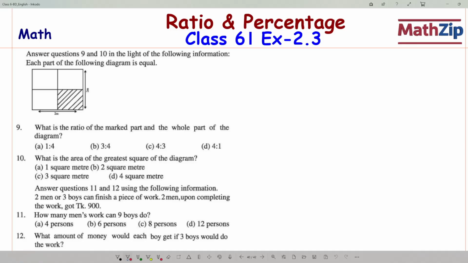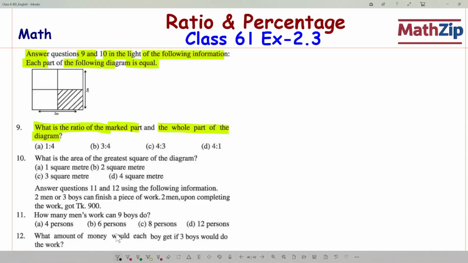Okay, so number 9 and 10 here mention: answer questions 9 and 10 in the light of the following information. Each part of the following diagram is equal. Number 9 asks, what is the ratio of the marked part and the whole part of the diagram?